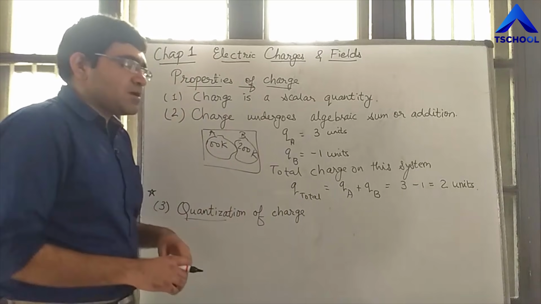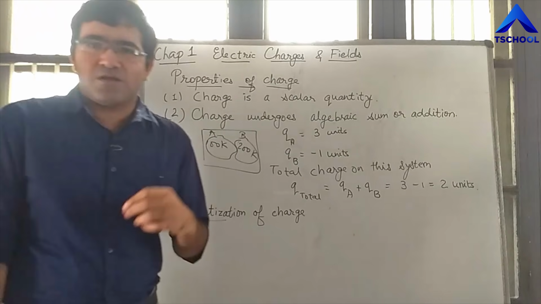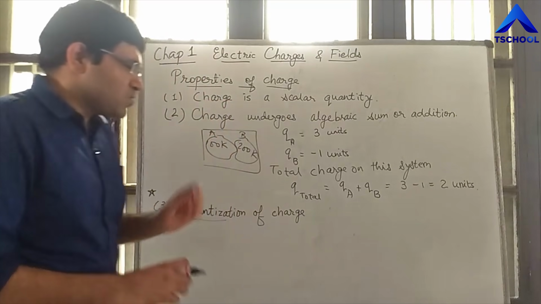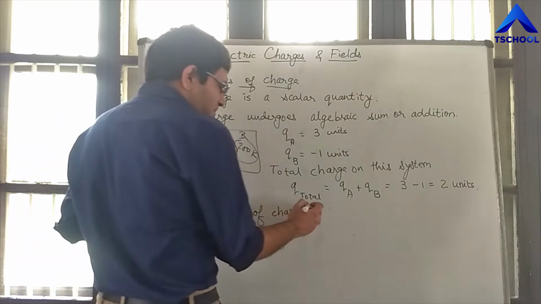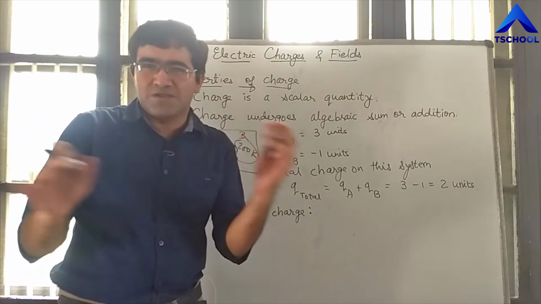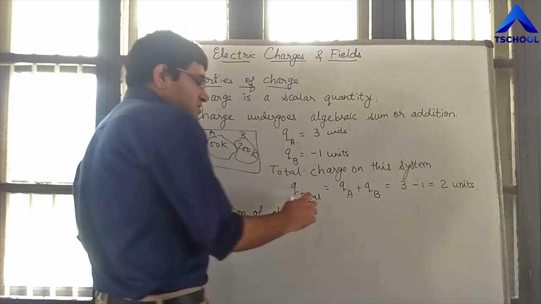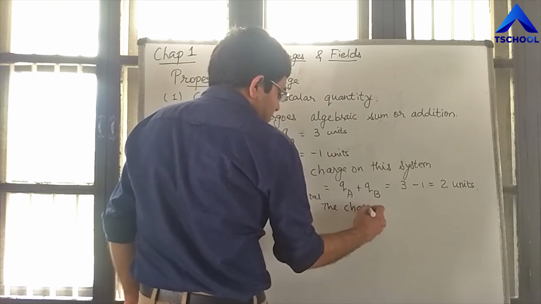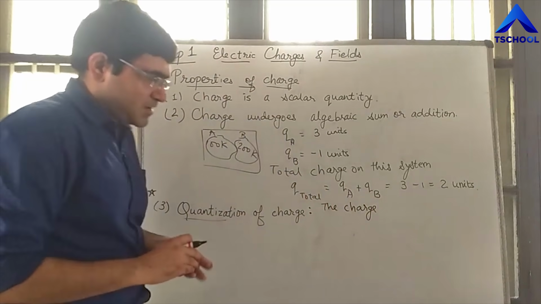So like that, by many experiments, we have found that if there is any stable particle in the universe, its charge is always in such steps. Let me write the law.